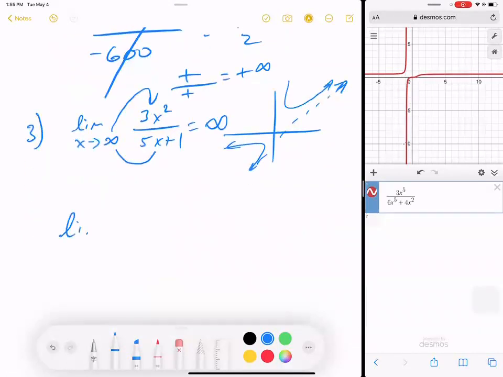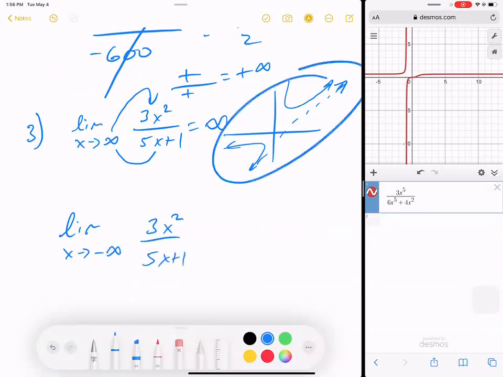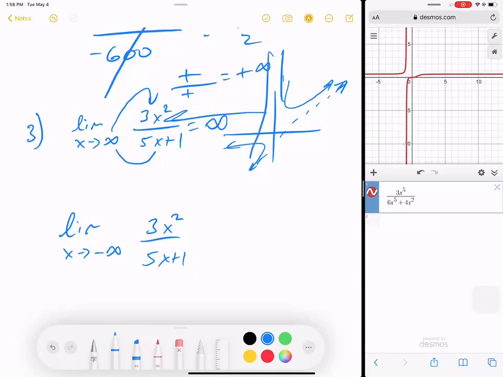Now, I want to change this problem to: what is the limit as x approaches negative infinity of the same exact problem? Looking at this problem here, where do you think the graph is going to go? Oh, sorry, I made a mistake with this graph. Let me redraw this one.